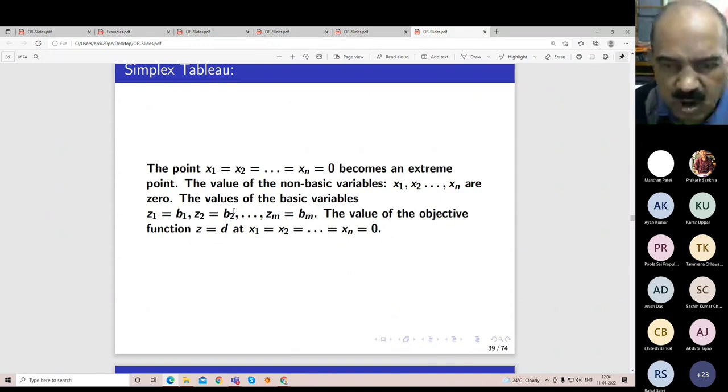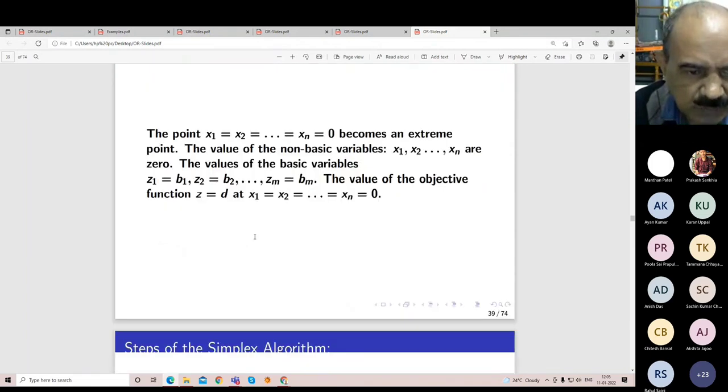We set all the non-basic variables x1, x2, xn to 0. Then we find the basic variables z1, z2 up to zm. Once the non-basic variables are set to 0, the basic variable values become z1 equal to b1, z2 equal to b2, and so on, zm equal to bm, and the value of the objective function z becomes small d. This is the very first table, the initial simplex table.